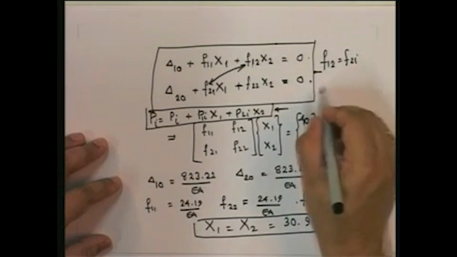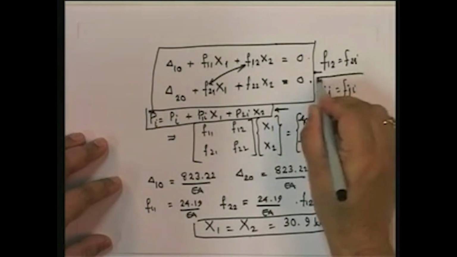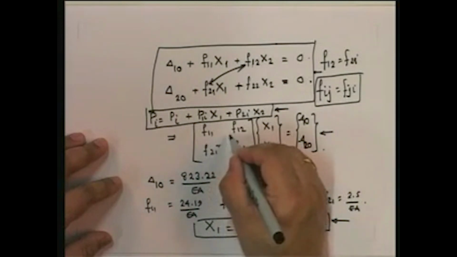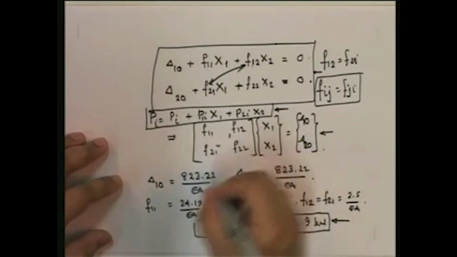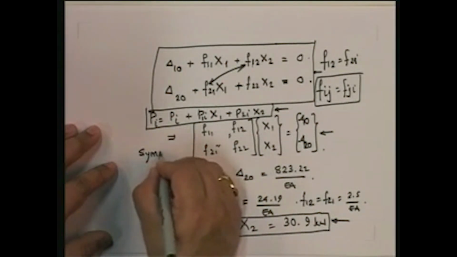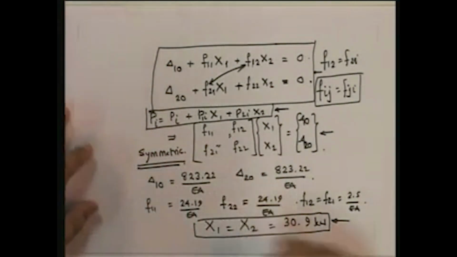In fact, we can make this general. If these two are equal to each other, what can we say about this matrix? This is a symmetric matrix, and this is always true. The flexibility matrix is always symmetric.